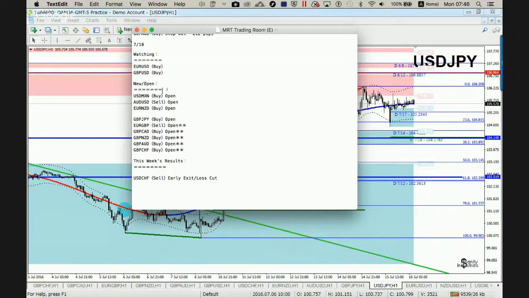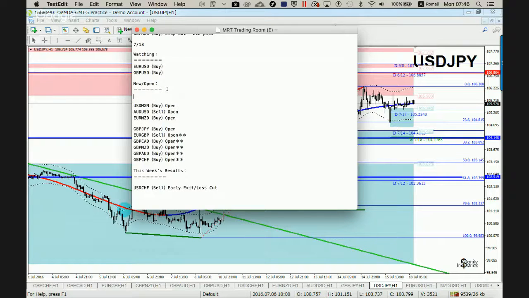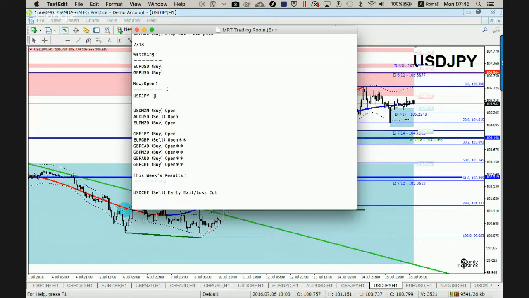So I'm going to add the, let's see, dollar yen sell. New trade.